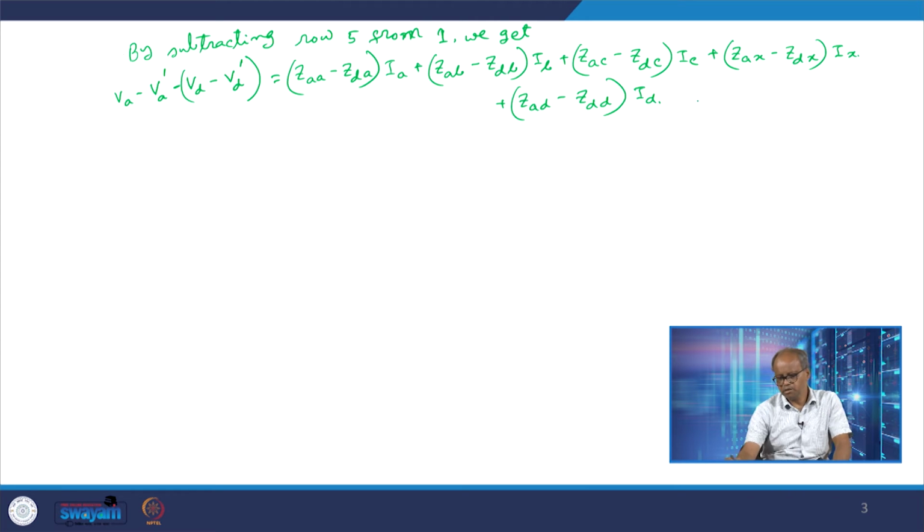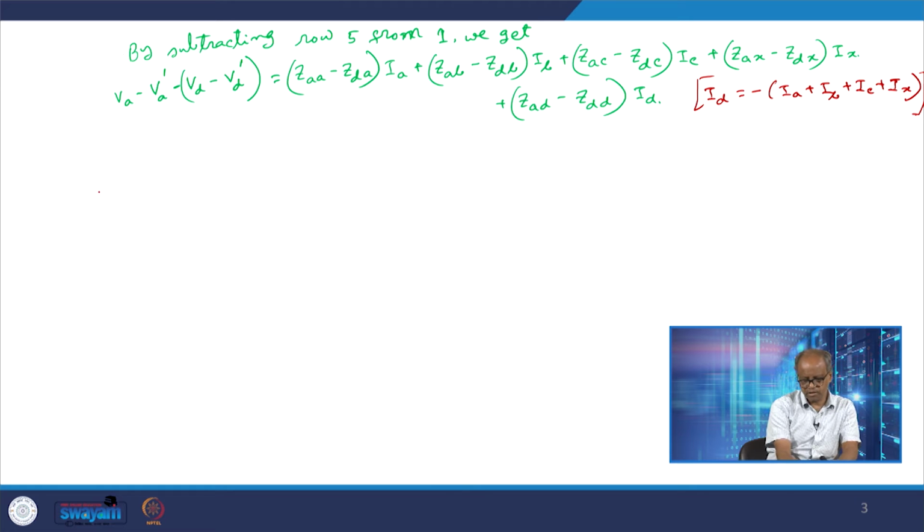So now I replace ID, and we also note that ID is equal to minus IA plus IB plus IC plus IX, so that I replace.